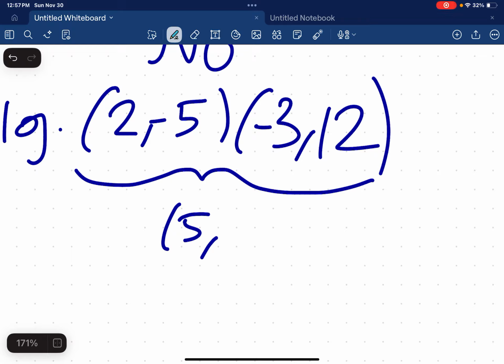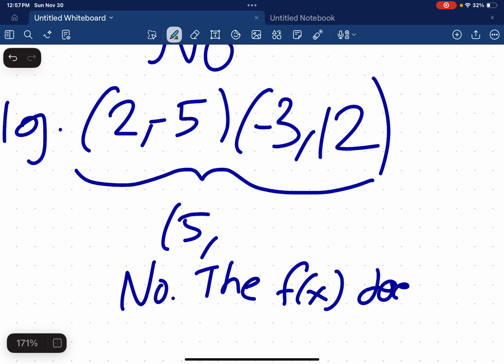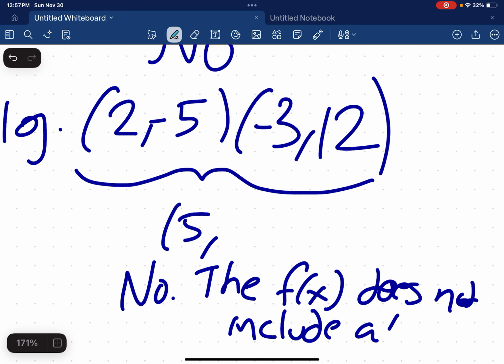However, 5 doesn't get mapped to any of the numbers it gives us. It's just there. And this means it's not going to be a function. The reason is because the function does not include all of the domain. That is our reasoning for that.